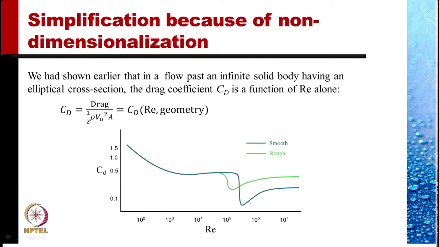We make a plot for low Reynolds number. Low means of the order of 10 up to about 10 raised to the power 4. The drag coefficient is a function of Reynolds number alone, nothing else. And at high Reynolds number, there is a difference between the drag experienced by rough spheres and by smooth spheres.